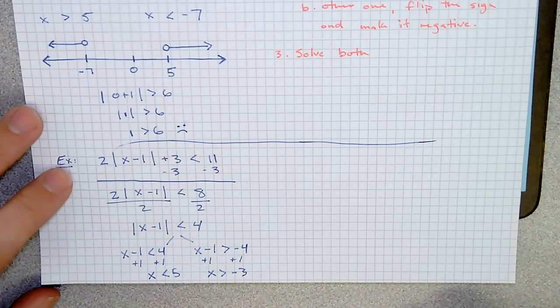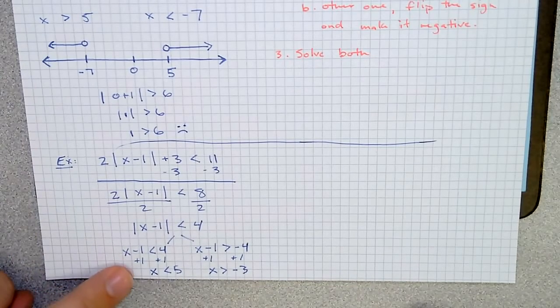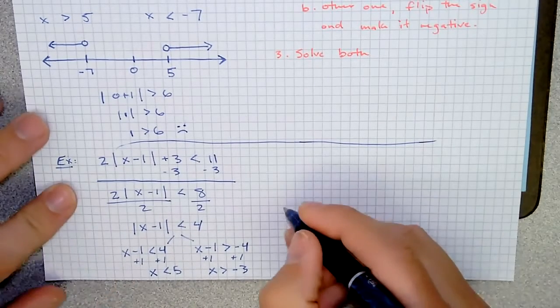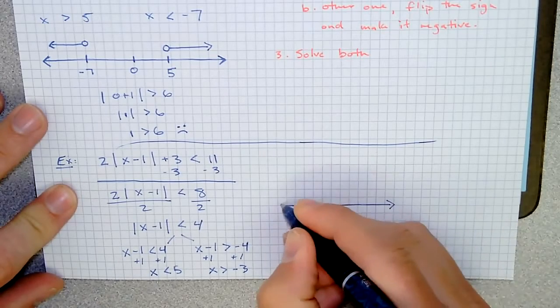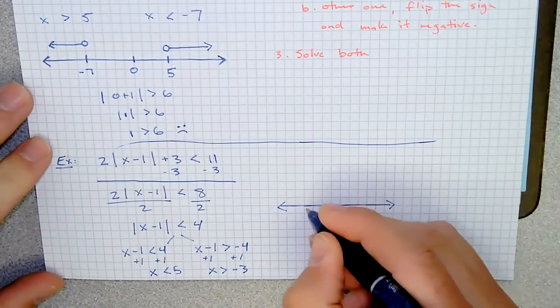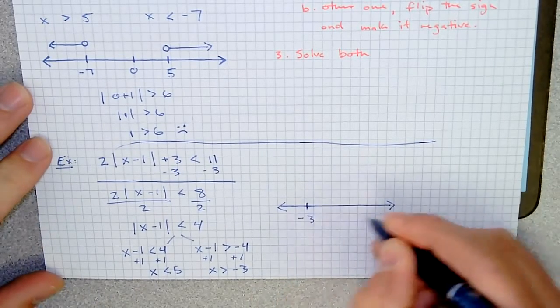All right, just add 1 across the board. My first inequality is x is less than 5. My second inequality is x is greater than -3.